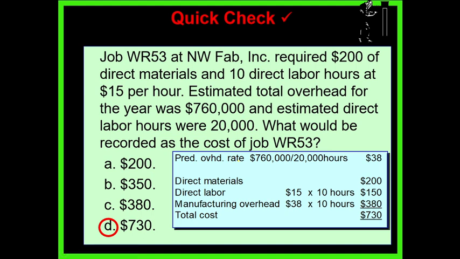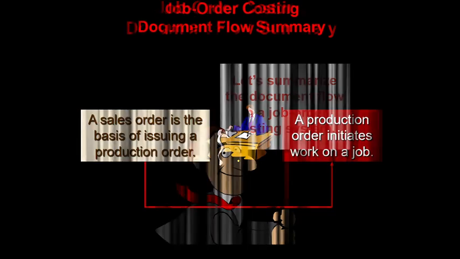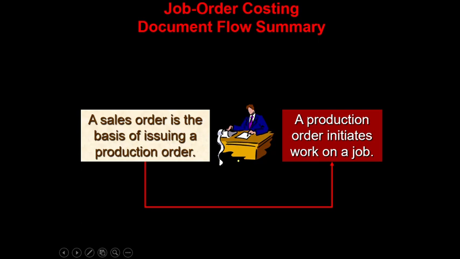Okay, let's continue. Let's talk about the cost flow and the document flow for job order costing. Ayan, so just to summarize, para mabilis lang, okay, the story starts with the sales order, no? For example, a customer goes to your office, tapos mag-order siya, I want this and that, these are the specifications.